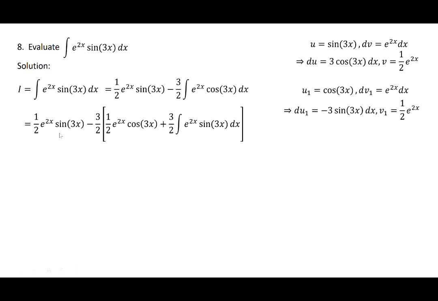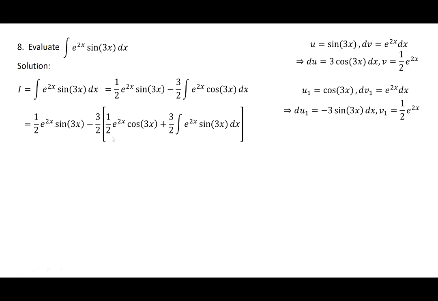1/2 e to the 2x sine of 3x, that's what this is, minus 3/2 times, we are applying integration by parts the second time to this integral, right? So that's why I have a minus 3/2, the outside one, and now inside part is the u1 v1 minus integral v1 du1. See, it is this kind of stuff that makes this problem a bit hard.